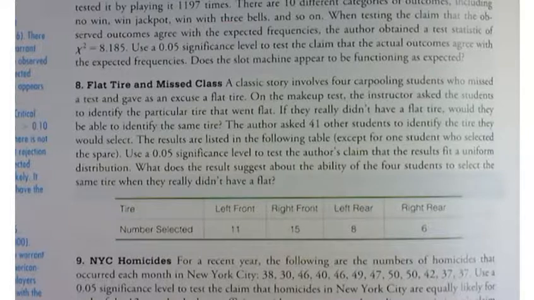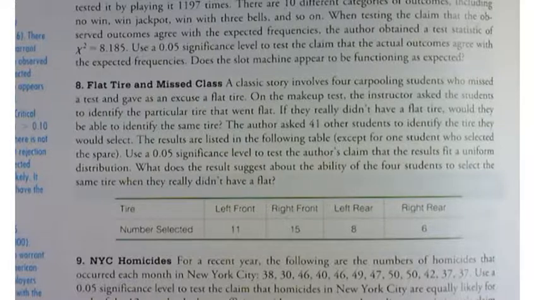The results are listed in the following table, except for one student who selected the spare. Yeah, I couldn't get to the class. My spare tire went flat. All right. Use a 5% significance level to test the author's claim that the results fit a uniform distribution.